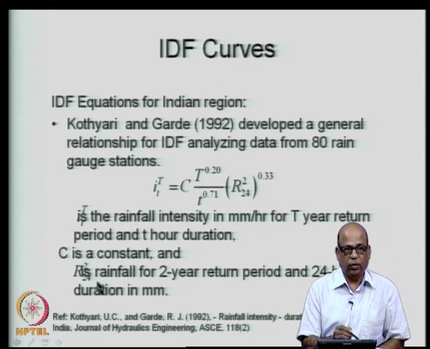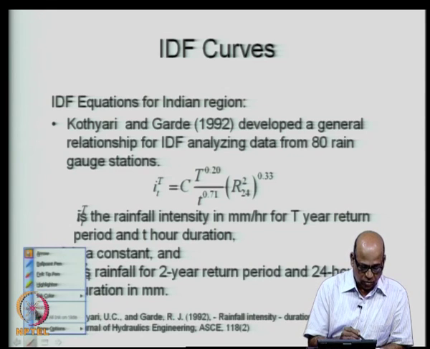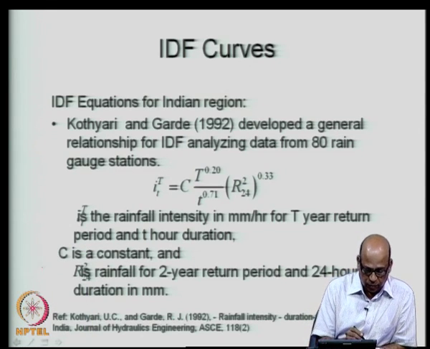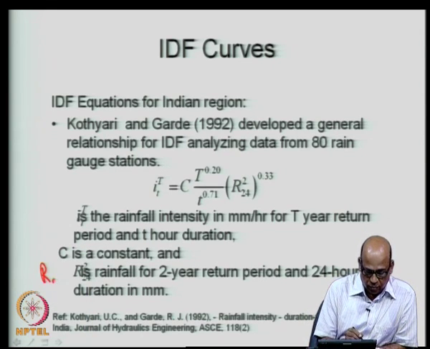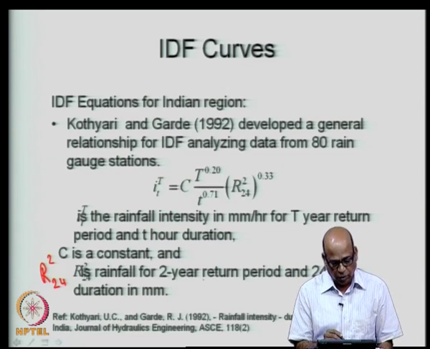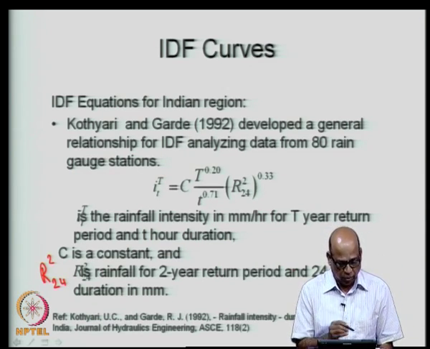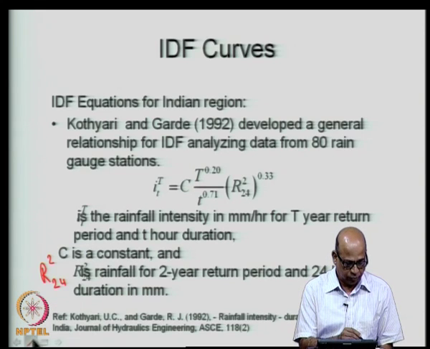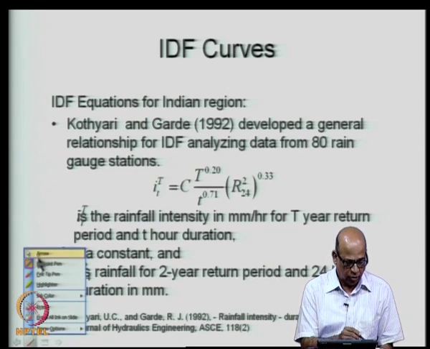So, this is R 24/2. Here I think it is not coming out clearly, so let me rewrite this. This is R 24/2. This is the rainfall for 2-year return period and 24-hour duration in millimeters. We are not talking about intensity there, it is the depth.